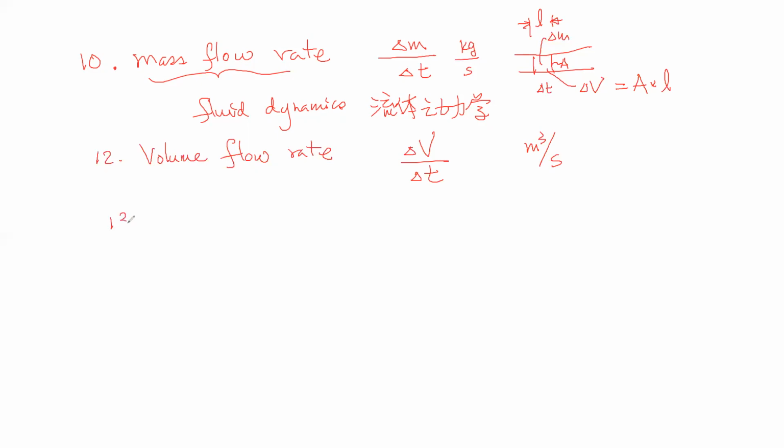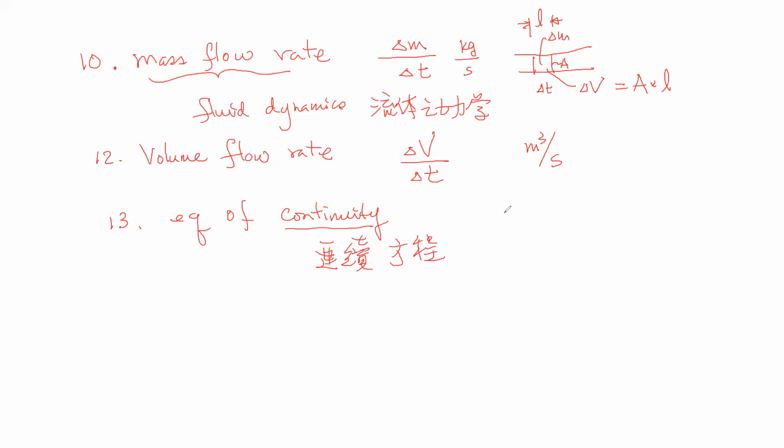And number 13, we're going to talk about the equation of continuity. So 连续方程. In Chinese, this word is 连续, meaning it keeps going, right? 连续方程, right? Okay. Equation means function, right?